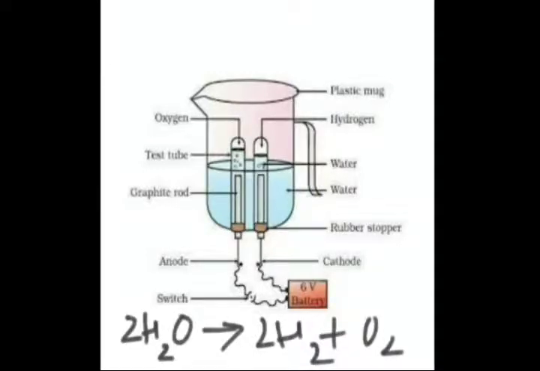I'll just revise it once again: hydrogen is collected at the cathode, the negative electrode, and oxygen is collected at the anode, the positive electrode. Is it clear? So this is how water is split up by the passage of electric current.